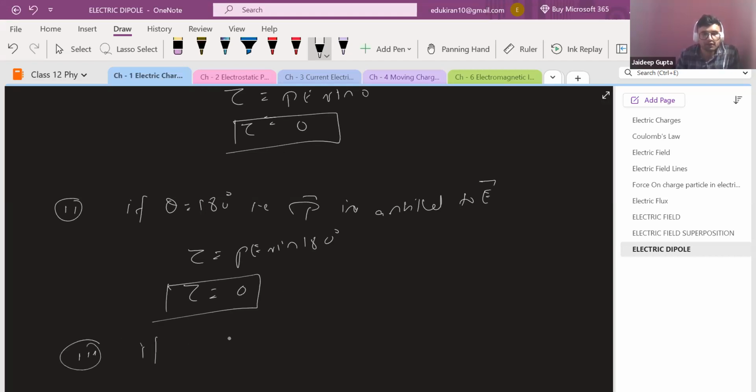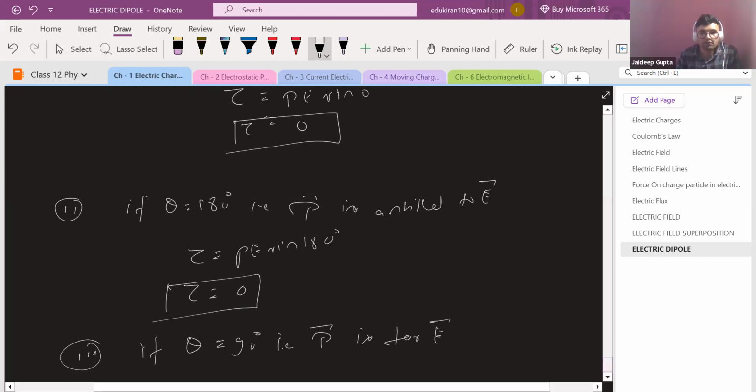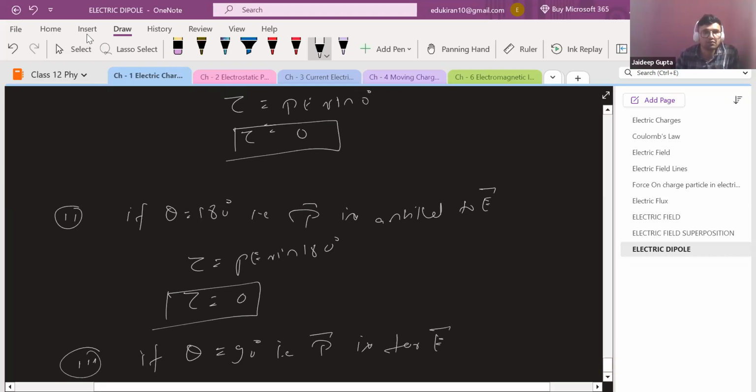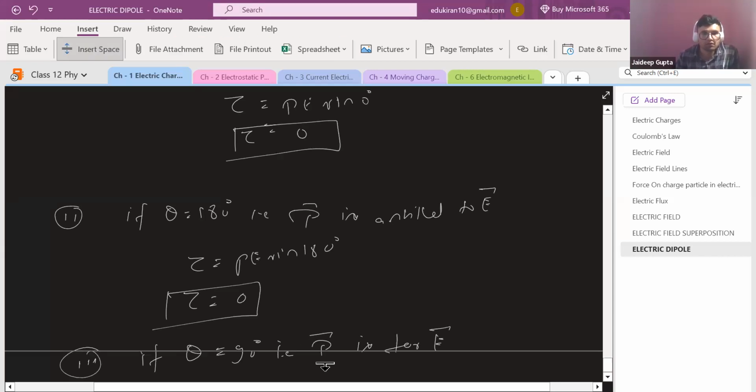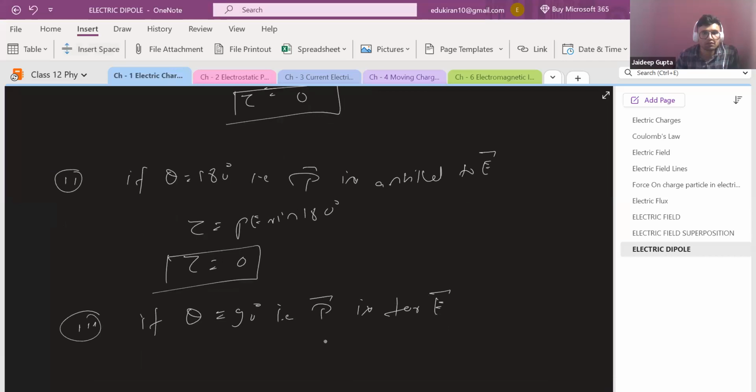If theta is 90 degrees, that is the dipole is perpendicular to the electric field, then torque equals pE, that is maximum, because sine 90 is 1. Okay, Iram.